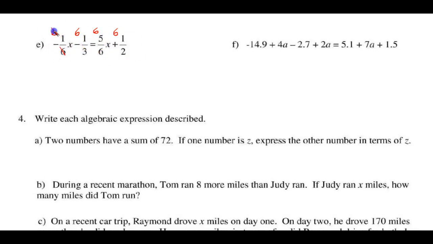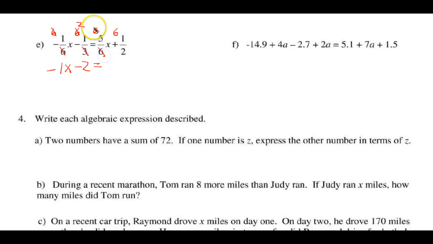Here the 6's cancel out, and we're left with a negative 1x. Here the 3's cancel out. That becomes a 2. So negative 1 times 2 is a negative 2.